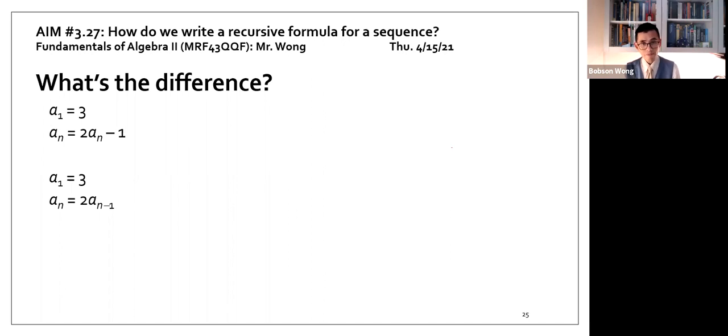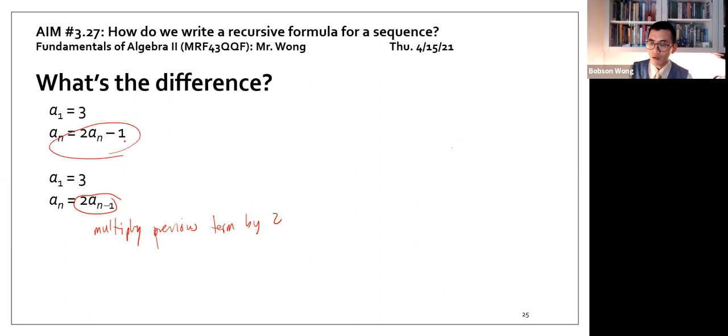Did you see it? Well, if you look carefully, you'll see that here, this means to find the nth term, you multiply the previous term by 2.